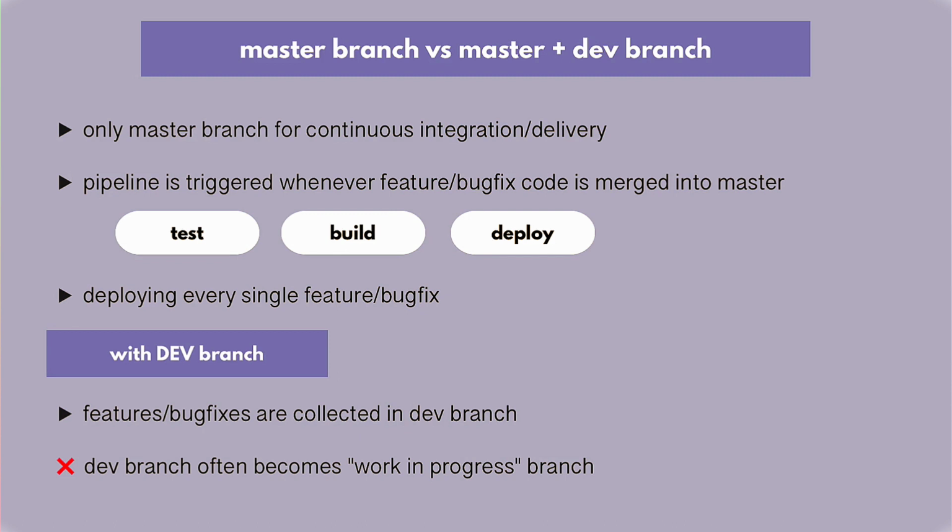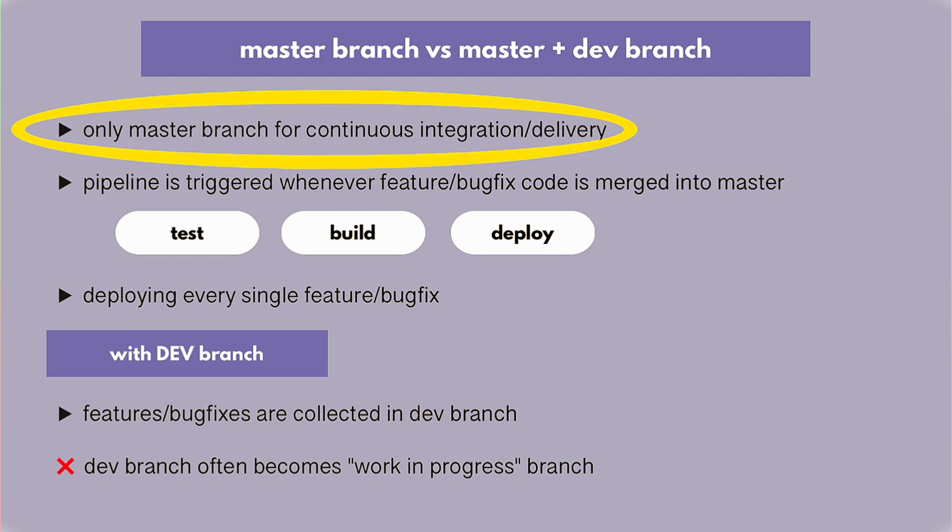So the best practice in DevOps, and if you want to do it the modern way, so to say, meaning set up the continuous integration, set up the continuous delivery the proper way, then you have to go with having master branch, and you don't need the intermediary dev branch anymore. So that should be the best practice, actually. But for DevOps engineers, it's important to know that there are teams of developers that are working this way and have dev branch.